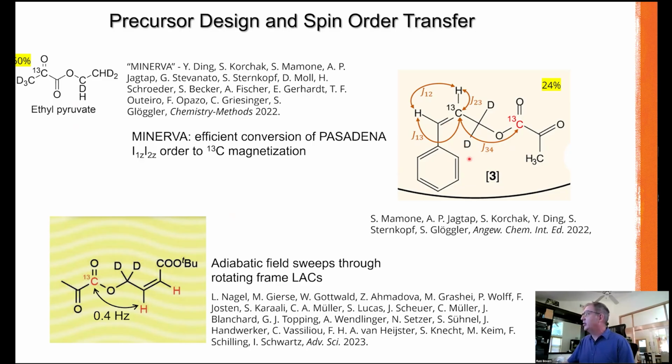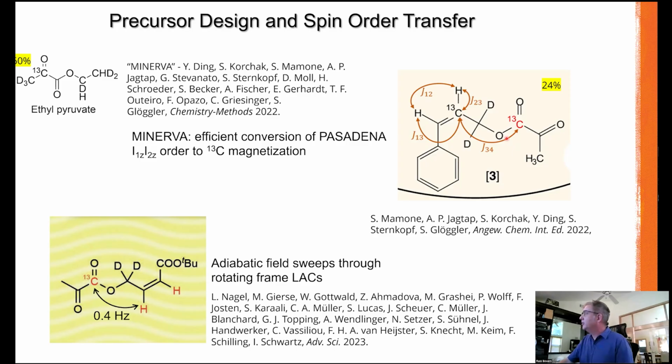However, the disadvantage is that the parahydrogen nuclei are further away from the carbonyl carbon-13. This necessitates the use of some clever isotopic labeling and pulse sequences. For example, the relayed MINERVA, where you can take the parahydrogen spin order, put it onto the carbon-13, and then take advantage of the larger coupling between the two carbon-13s.